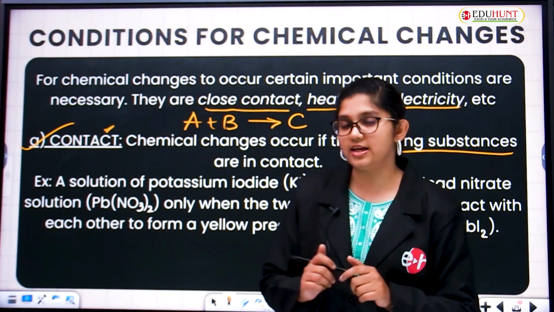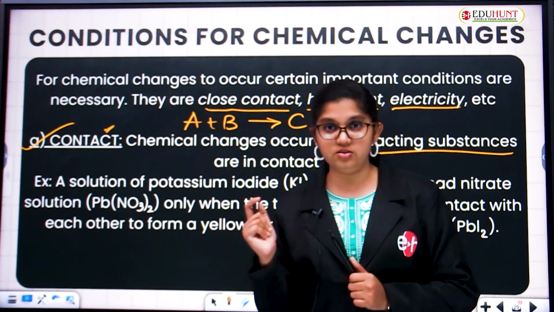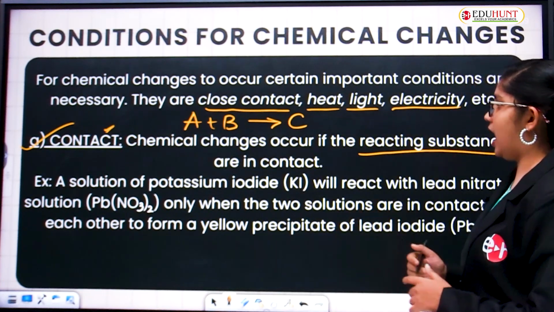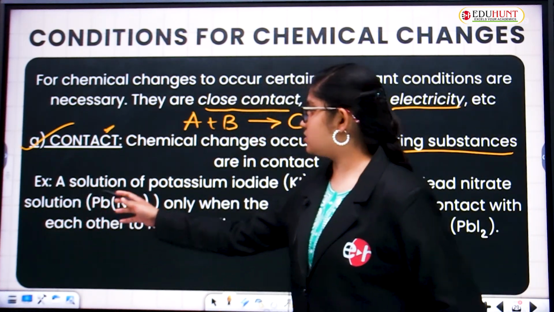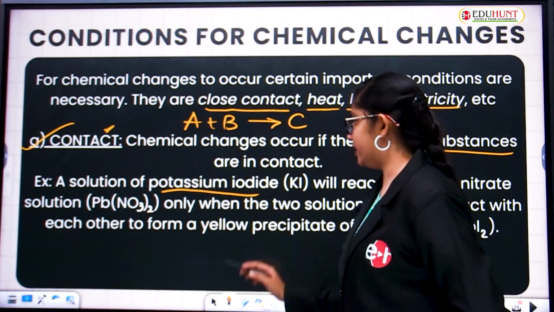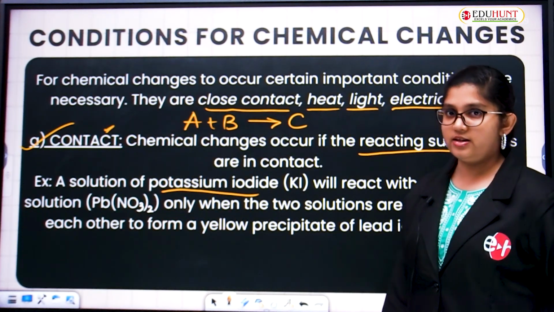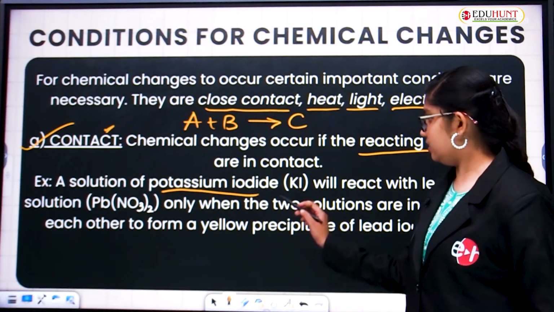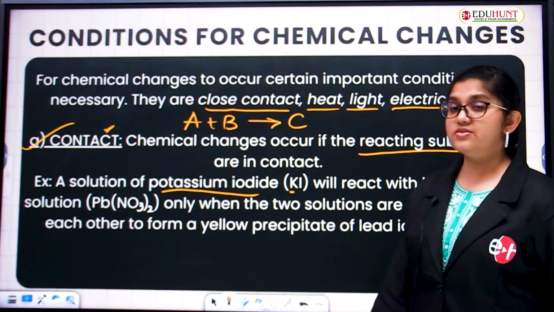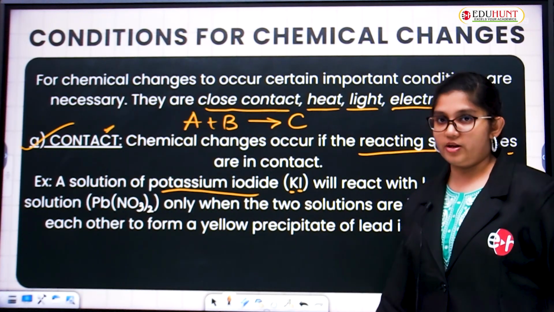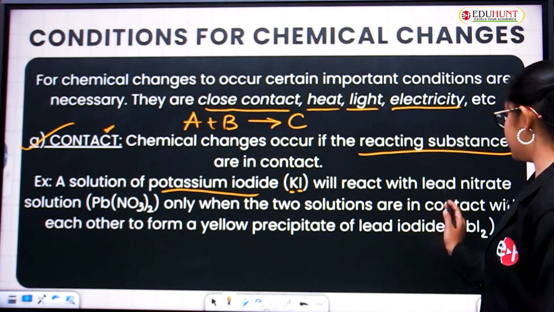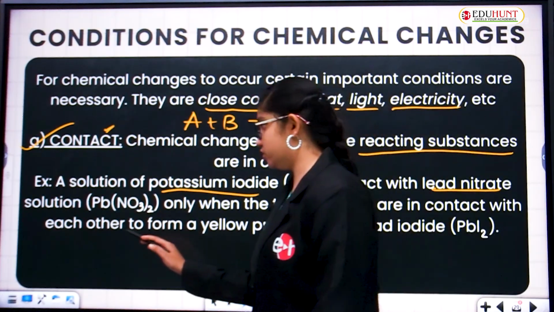In such a case, we can say the chemical reaction is going on there. Here we have an example also, children. Example: a solution of potassium iodide. What is the formula of potassium iodide? Potassium is K, iodide is from iodine, right? So I. So KI is the potassium iodide formula, and it will react with lead nitrate solution.